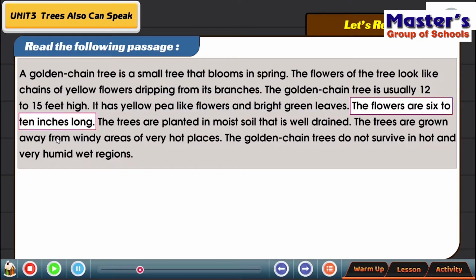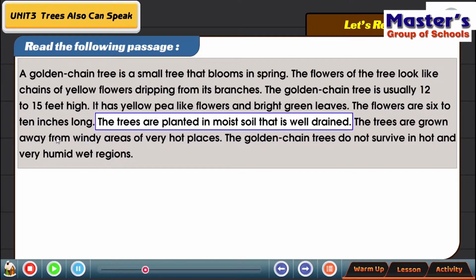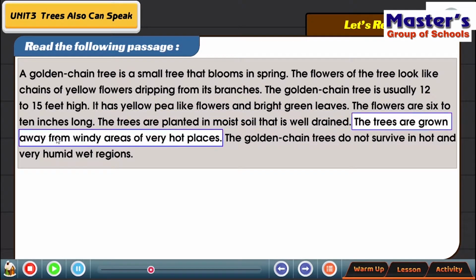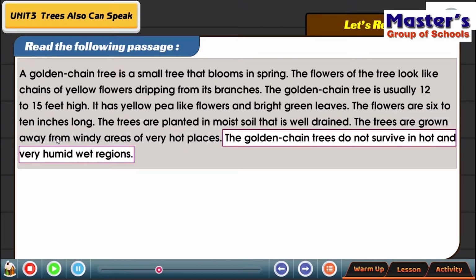The flowers are 6 to 10 inches long. The trees are planted in moist soil that is well drained. The trees are grown away from windy areas or very hot places. The golden chain trees do not survive in hot and very humid, wet regions.